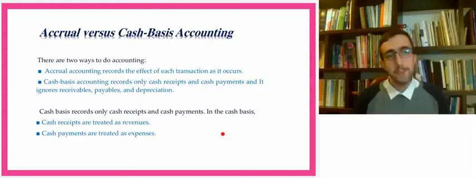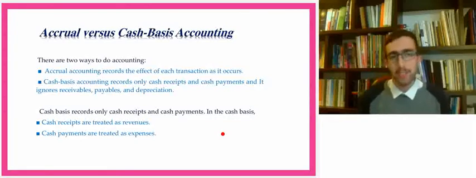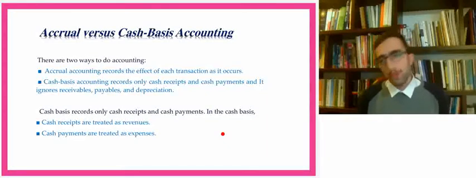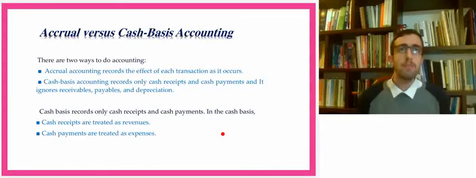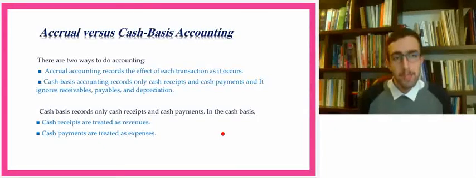Another point is that cash basis records only cash receipts and cash payments. In the cash basis, cash receipts are treated as revenues and cash payments are treated as expenses. If I want to bring another example, for example, one company purchased a building and paid cash, for example $5,000.